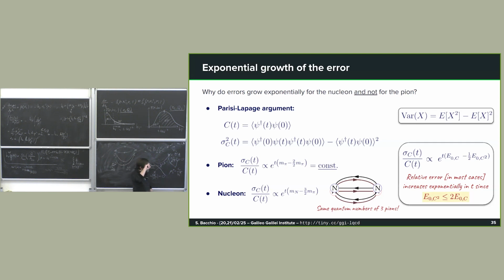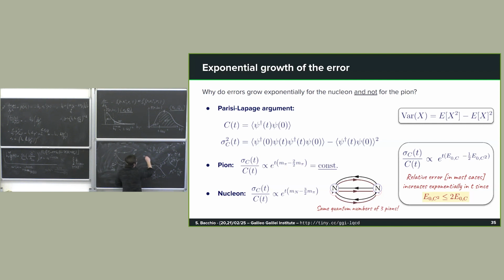For the nucleon, it's much more difficult. If you put a nucleon and an antinucleon pair here, you have u, d and u bar, d bar, and all of these combine with each other, not as 2 pairs of nucleons. When you put all these quarks in one place, they don't give you 2 pairs of nucleons, but they give you 3 pions, because you pair them up as 3 pions.